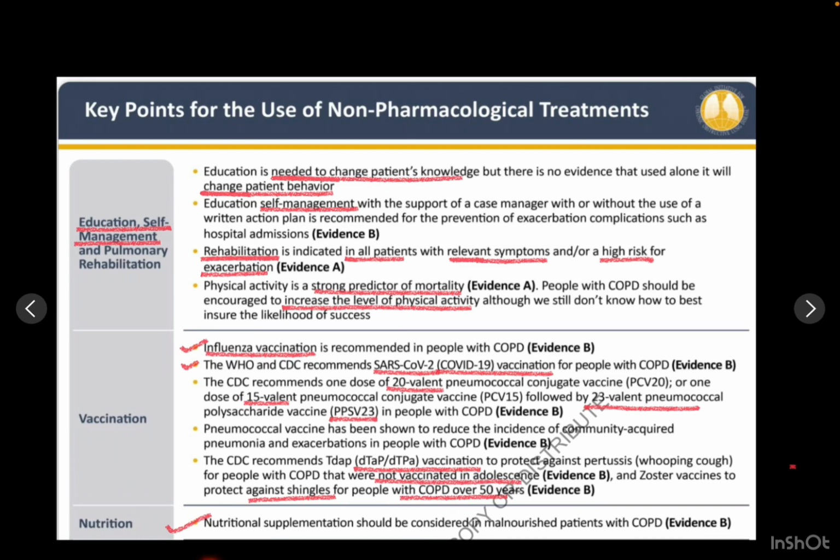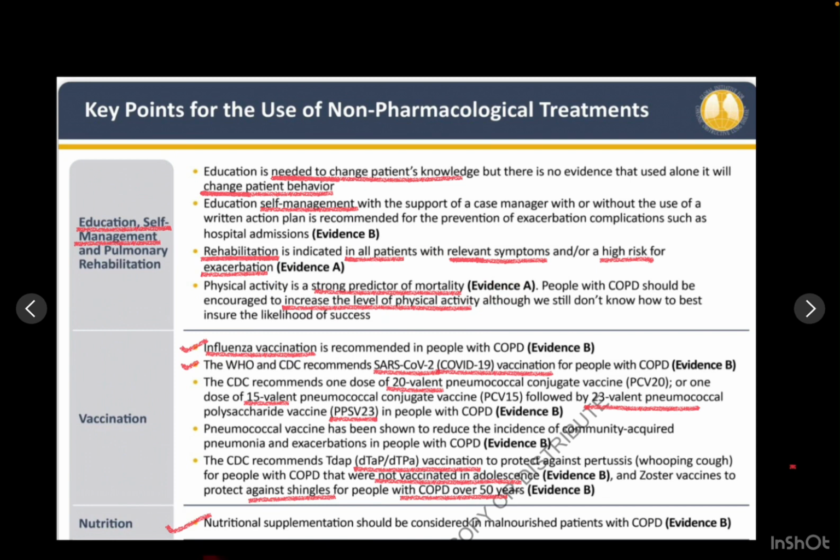After that, they are talking about the key points for the use of non-pharmacological treatment. We have already discussed all these things, so I will proceed to the next. I want to discuss a few things which have not been discussed. In education, management and pulmonary rehabilitation, education is used to change the behavior of the patient.